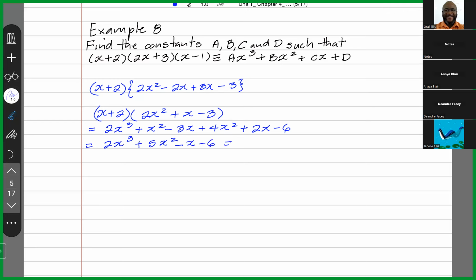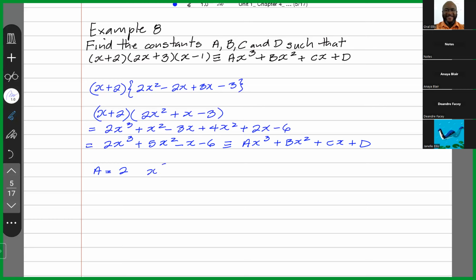And this we are told is equal to ax cubed plus bx squared plus cx plus d. So therefore, comparing coefficients, a would be equal to 2.